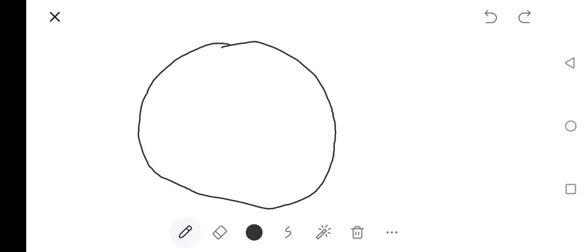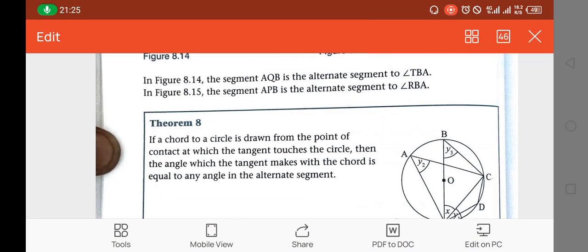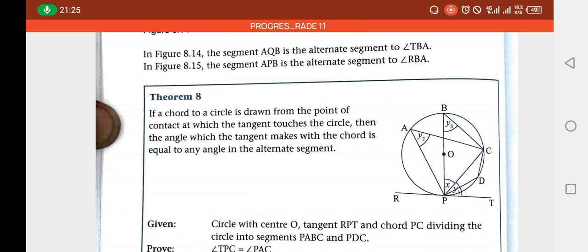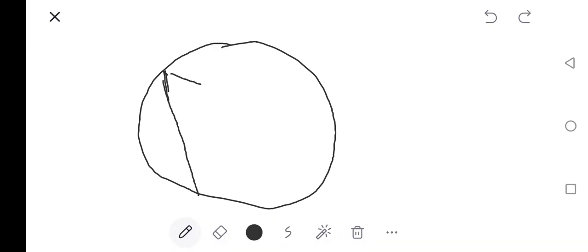So when I have a circle, and then I have something like this, let me try to draw it in a similar manner. And then I also draw another chord here.